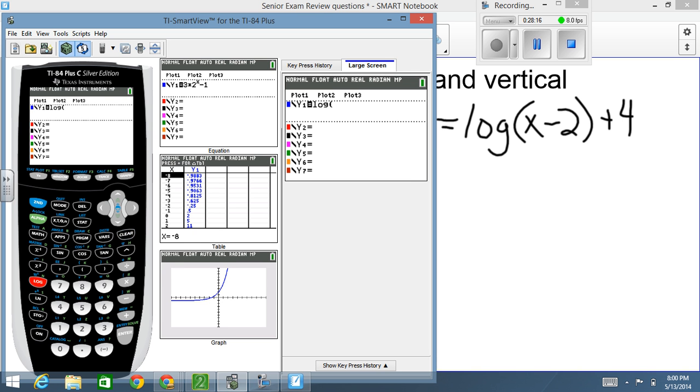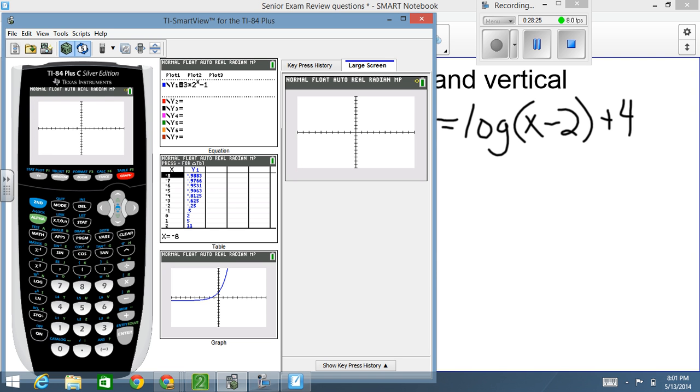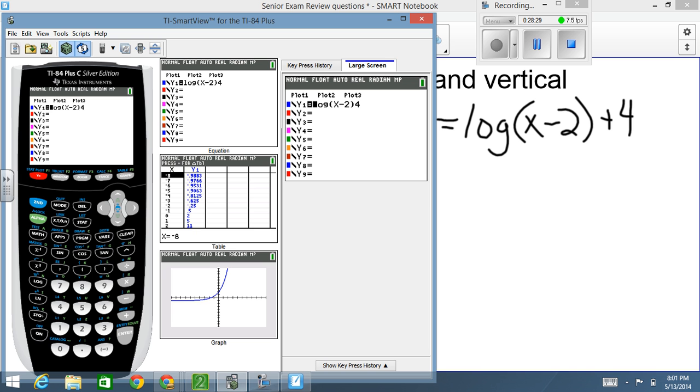Let's do log of x minus 2, close it, and then +4. Oops, I didn't do +4, I just put a 4. That's not good. Let me go back to that. +4. Big difference.